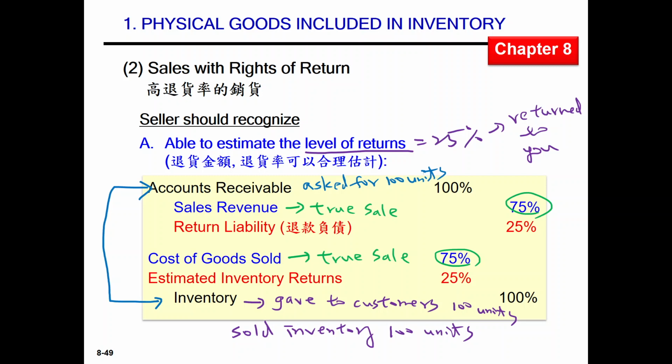Okay, any questions? So that's what happened now: inventory decreases 100, accounts receivable increases 100.